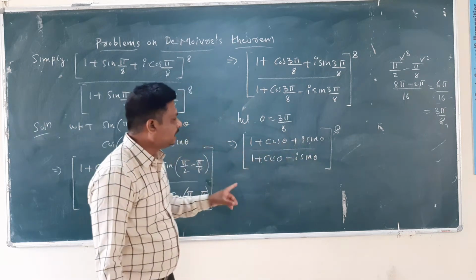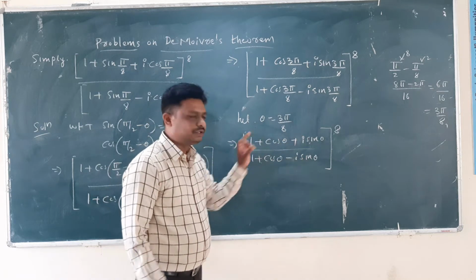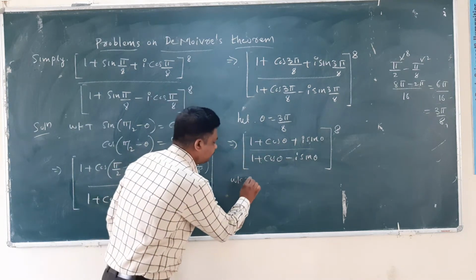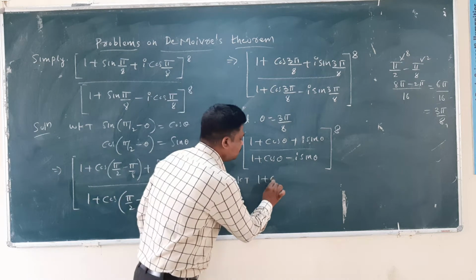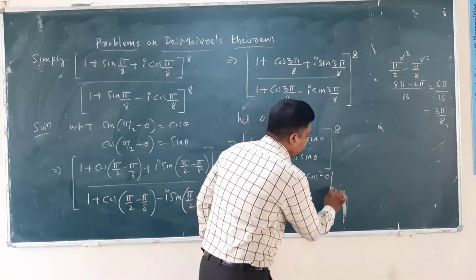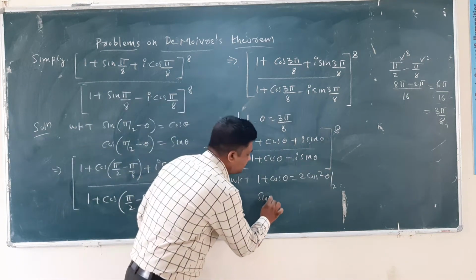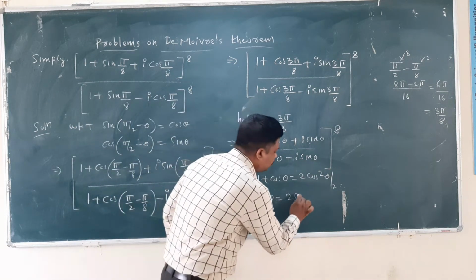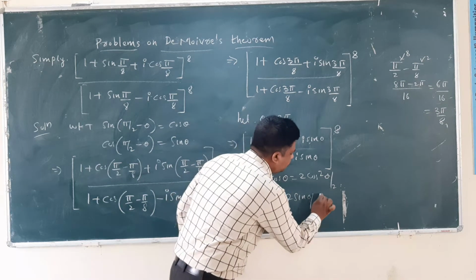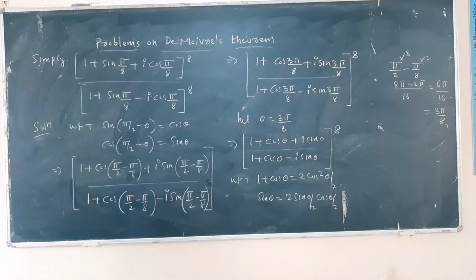So I will use the multiple angle formula and reduce this function. We know that 1 + cos θ = 2 cos² θ/2 and sin θ = 2 sin θ/2 cos θ/2.